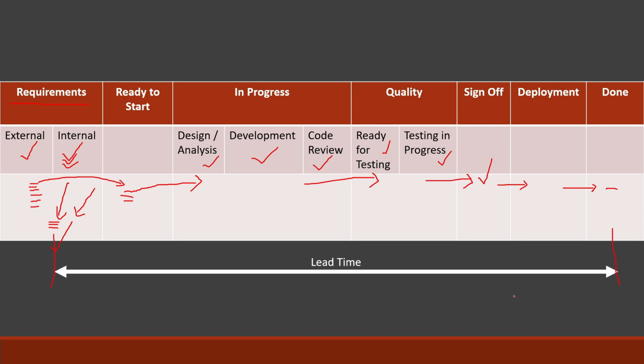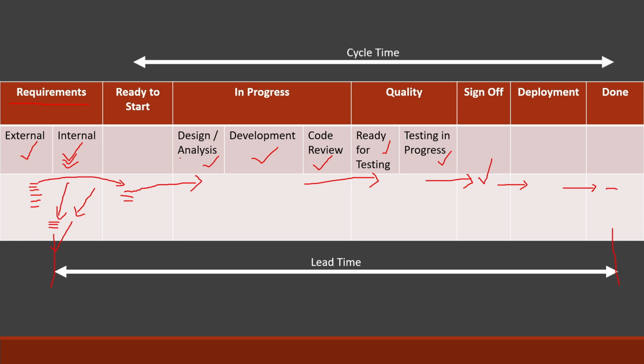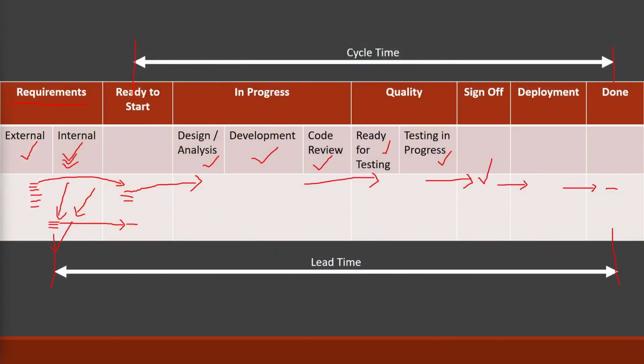Now, what is cycle time? Cycle time is when this requirement, the story or the feature, was actually ready to start. Your engineering team was supposed to start from this date. So the date your engineering team was supposed to start working on a requirement, a story or feature, till the day your engineering team pushed it out of the door, right? That is cycle time. So I hope the subtle difference between lead time and cycle time is clear, because this is actually very important.